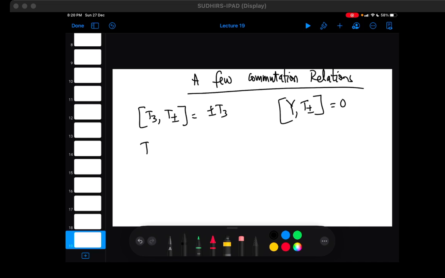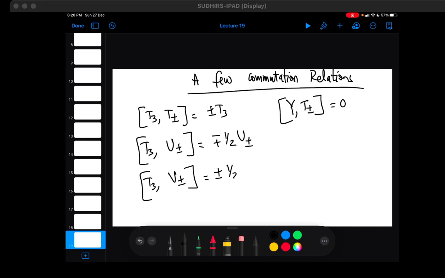Okay, so that's one thing. Now T3 acting on U plus minus gives minus half plus minus U plus minus, and T3 acting on V plus minus gives half V plus minus.